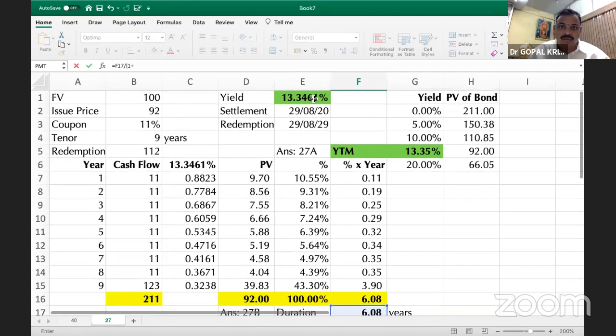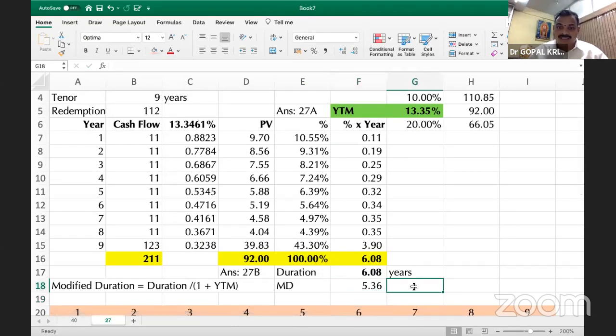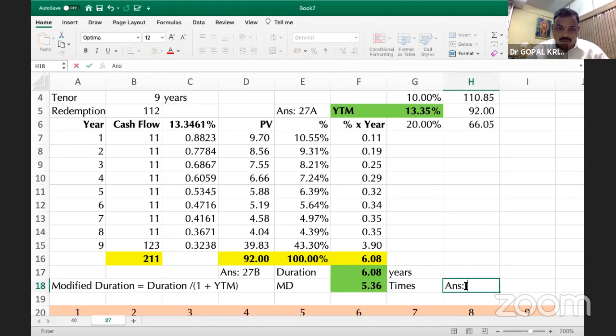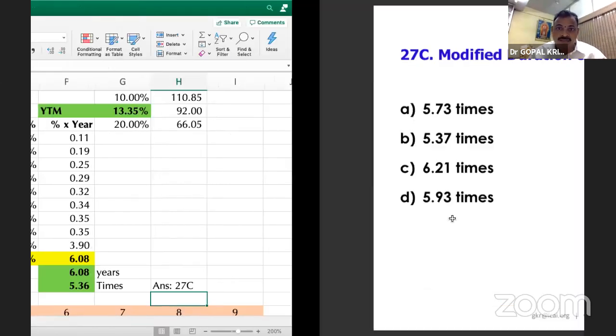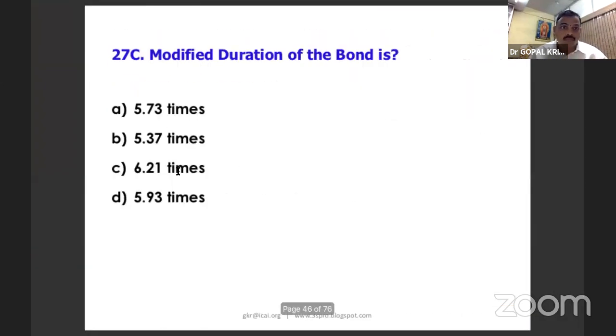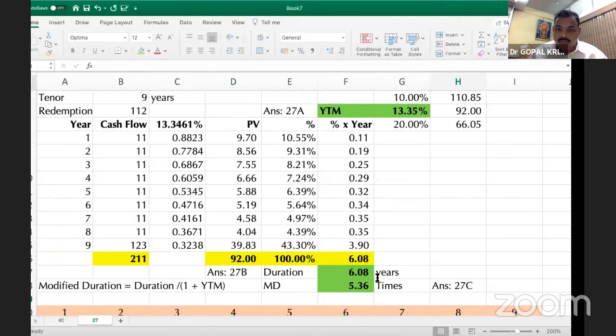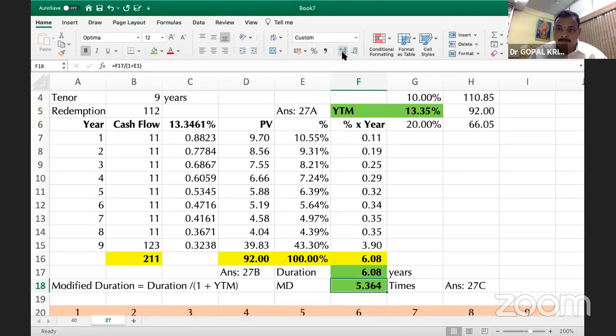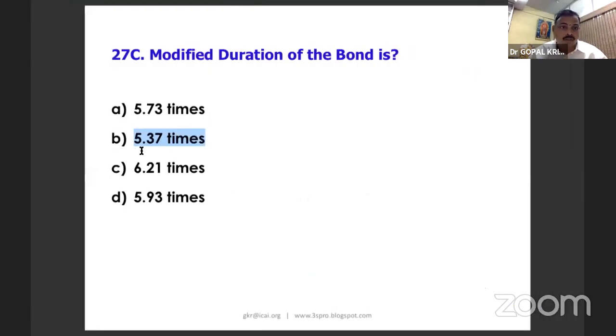What is yield? 1 plus yield is 13.346. 5.36 times. 5.36 times is your answer. So I'll make this green color. This is the second answer. This is the third answer. So this is your answer for 27C. 5.36. 5.36 or 5.37. So this is your modified duration. So 27C.